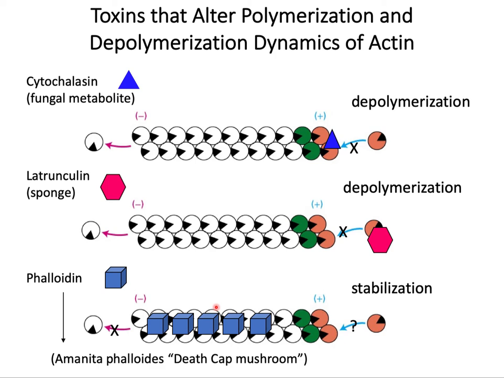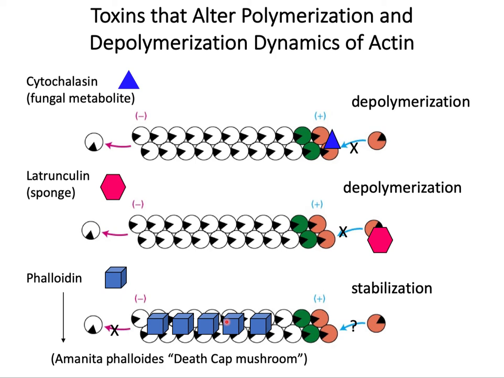So how does this phalloidin work? It doesn't depolymerize the actin. What phalloidin does is stabilize the actin in the cell. Remember that I told you the cytoskeleton is very dynamic. This is true for actin. Actin filaments are constantly growing and shrinking in the cells, which is necessary for the cells to survive.